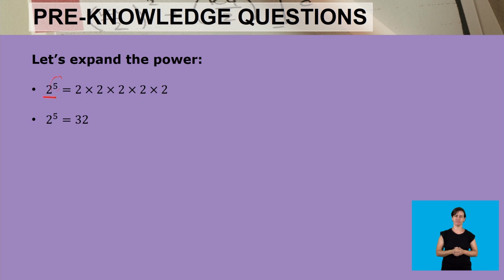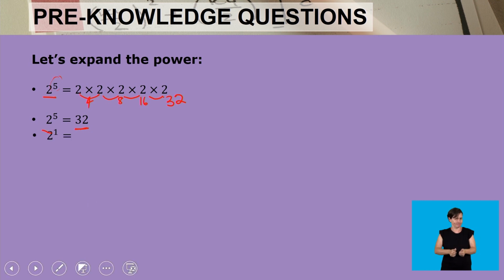Taking this step by step, 2 multiplied by 2 gives us 4. Multiplying that 4 by 2 gives us 8. Multiplying the 8 by 2 gives us 16. And eventually, multiplying that 16 by 2 gives us 32. So when we say 2 exponent 5, our answer is 32, and we achieved this by doing it step by step.